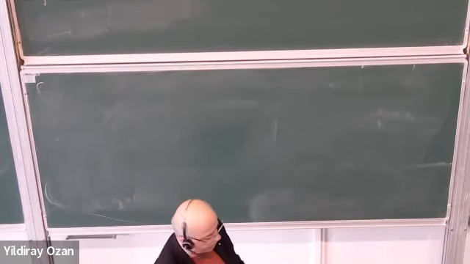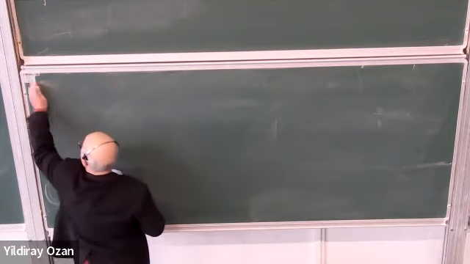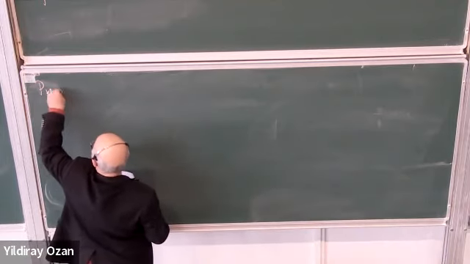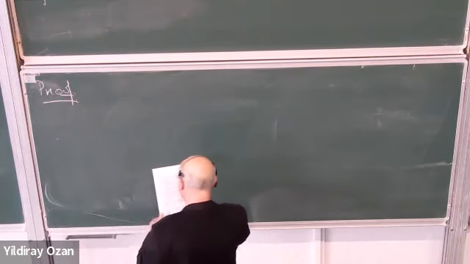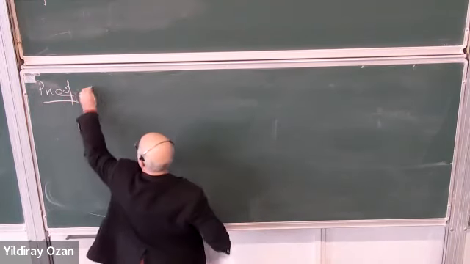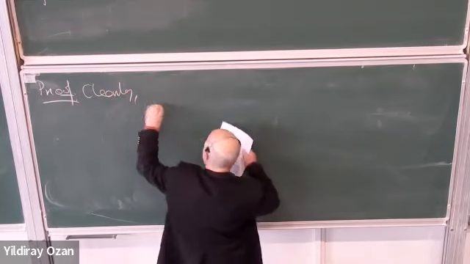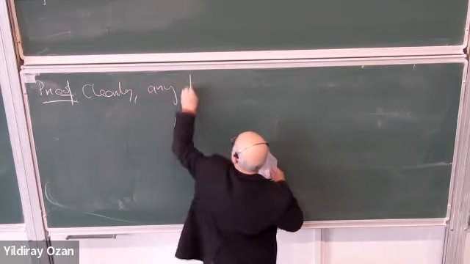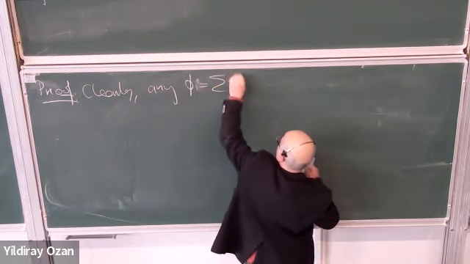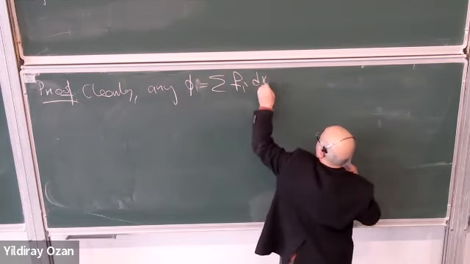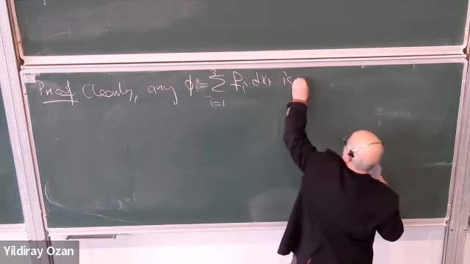Here is the proof. Well, clearly, any phi like this, sum of fi dxi, i from 1 up to 3, is a one form.